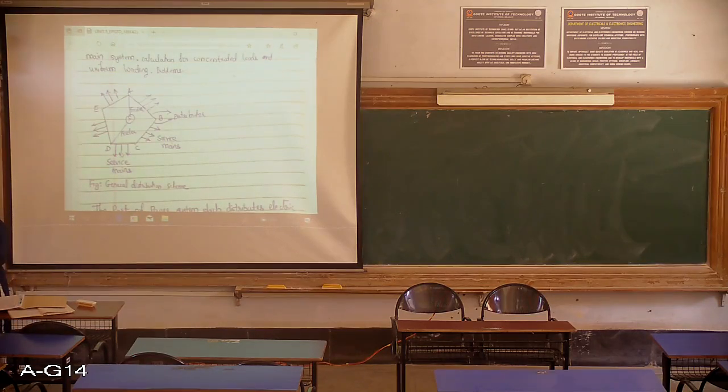Now what is a feeder? It is nothing but a conductor which connects the substation to the area where power is to be distributed. The S that I have written in the center represents the substation. So the feeder connects the substation to the area where power is distributed.